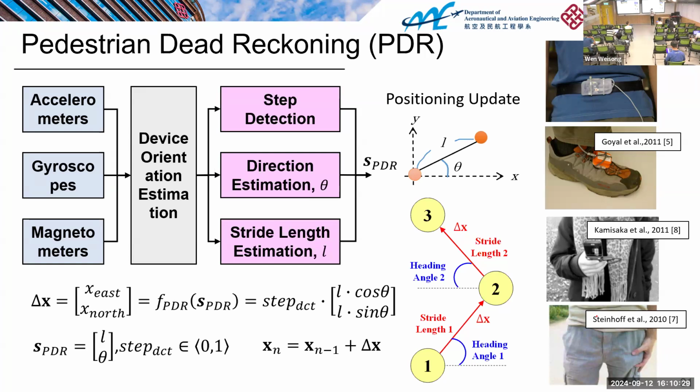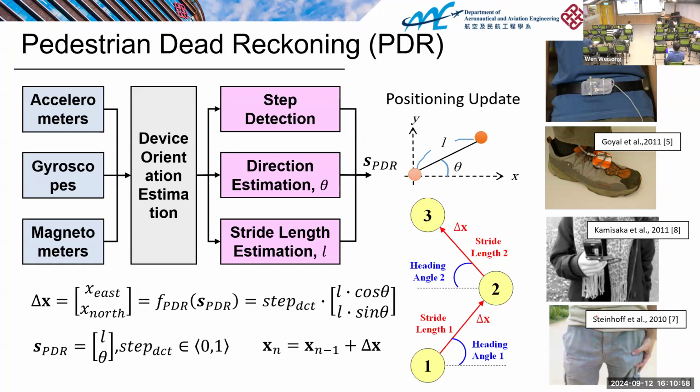If the angle is not correctly estimated, it will also affect the calculation of x. The theta here is the heading angle. This is usually provided by the magnetometer in smartphones, which can provide the heading directly. This process is called pedestrian dead reckoning: pedestrian, people walking.